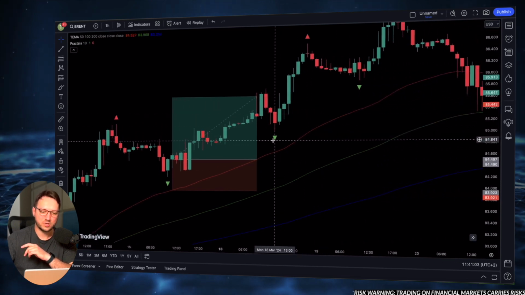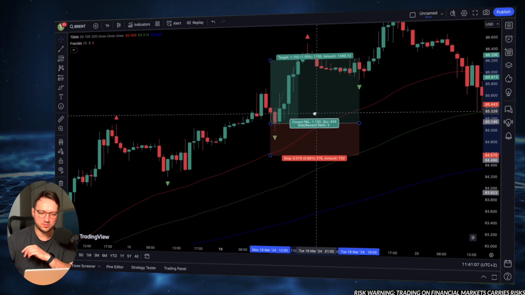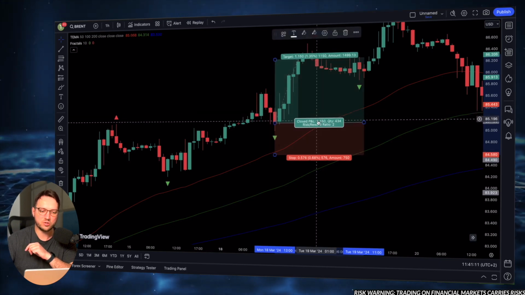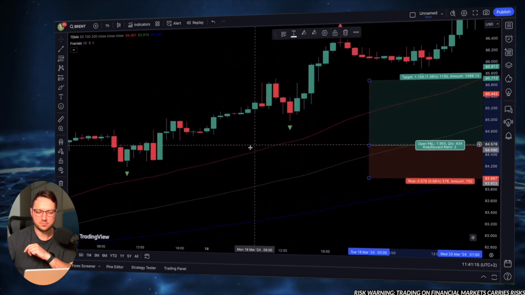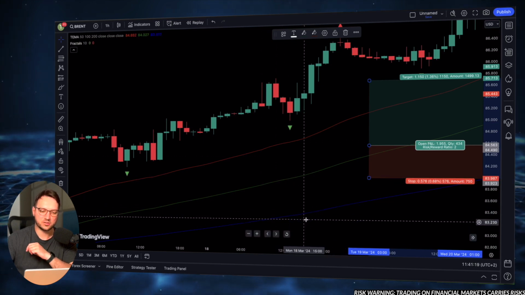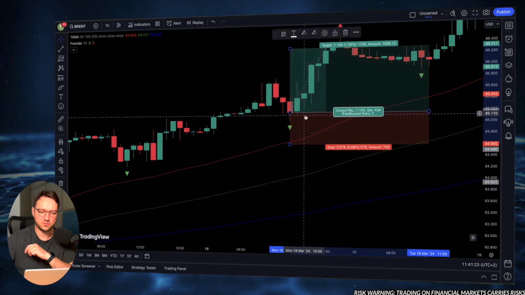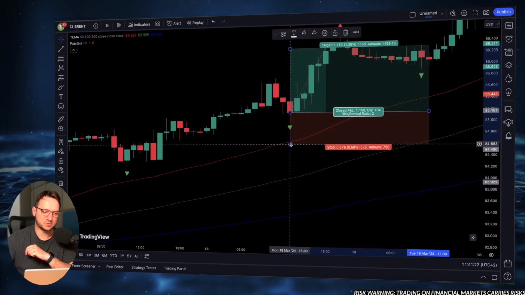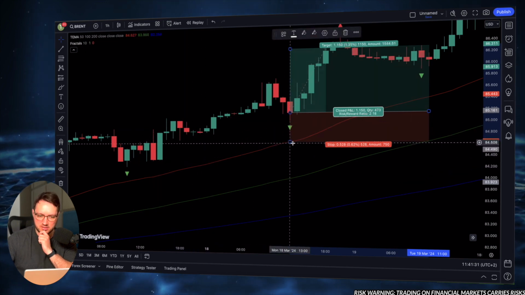Next, we have this example over here. So again, the closing level of this candle is the level where we open the trade. Because again, the moving averages are in the correct order. Set it over here, the closing level of this candle. As for the stop loss, we could either refer to this or to this.